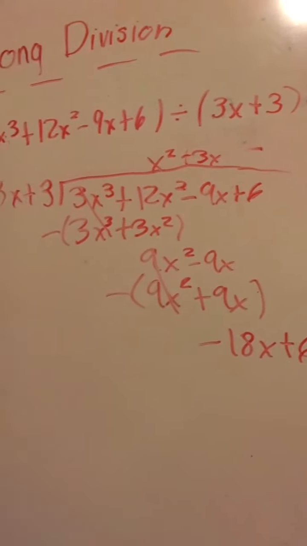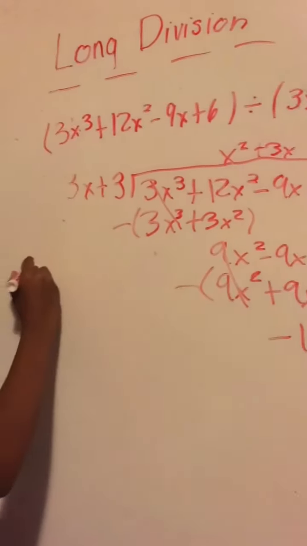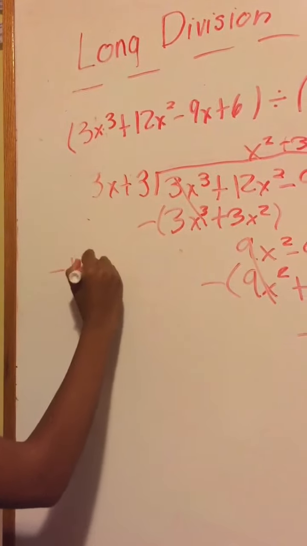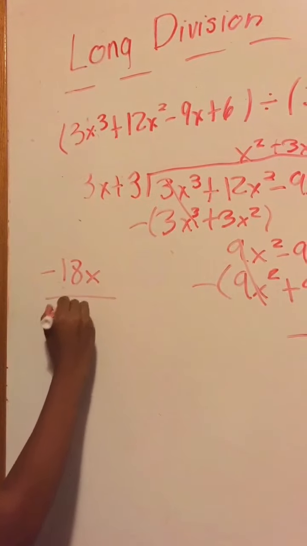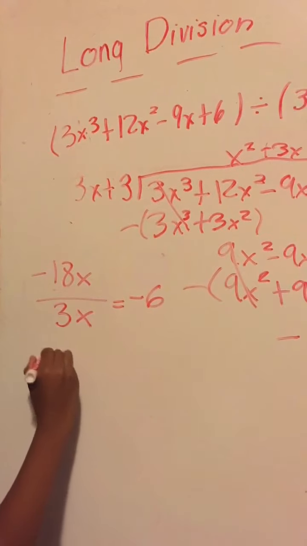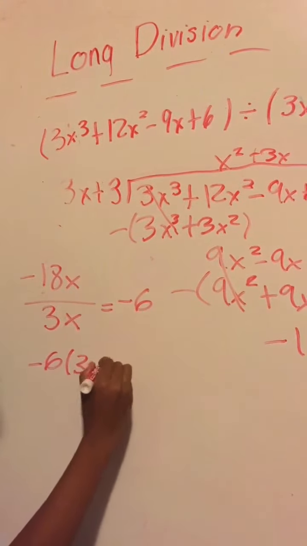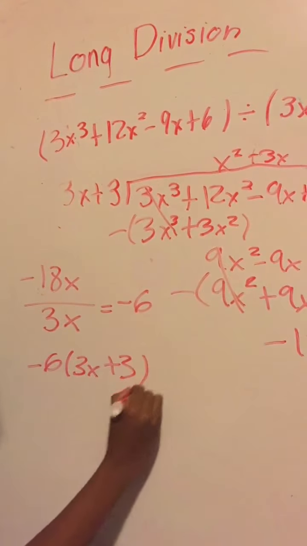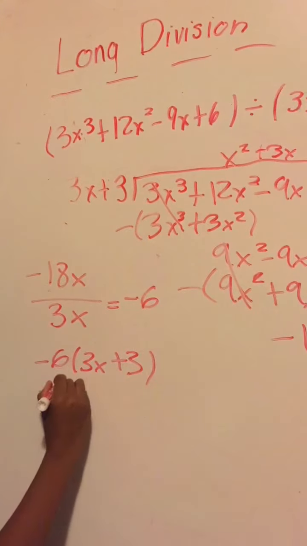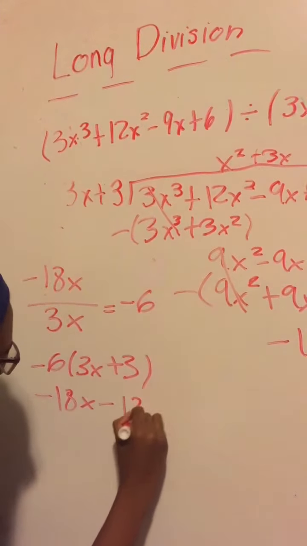Then you do the same thing that you did with the 3x cubed and the 9x squared. So negative 18x over 3x, that gets you negative 6. Negative 6 times 3x plus 3, that's negative 18x minus 18.